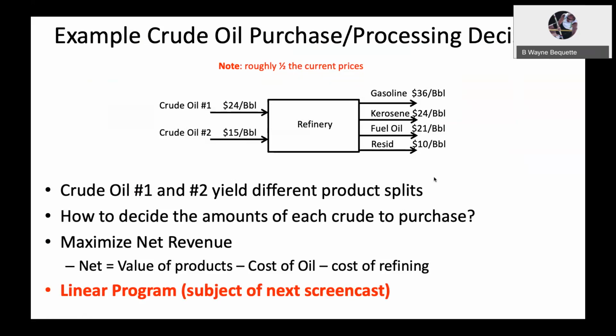The optimization problem is the following, in that we want to maximize the net revenue. That is, we want to maximize the value of the products minus the cost of the oil minus the cost of refining. Each of those two crudes may have a different actual cost of refining. This results in a linear program, an LP, and that's going to be the subject of the next screencast.